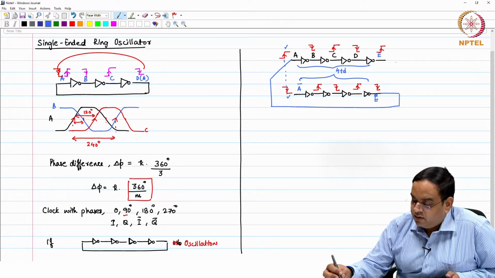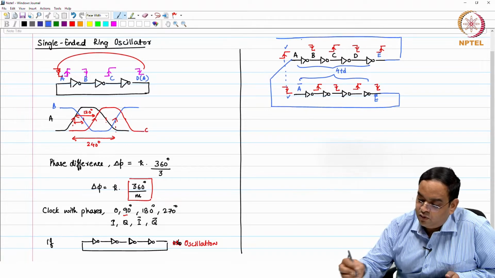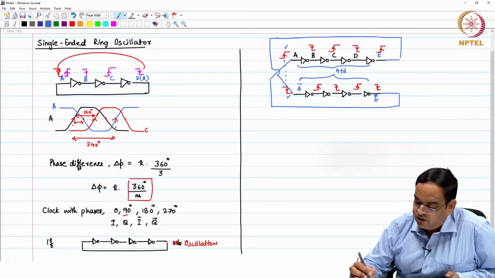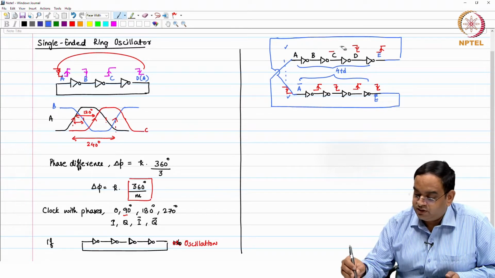And the rising edge here is going to be connected to the falling edge input A. Now, you just look how this is going to work.